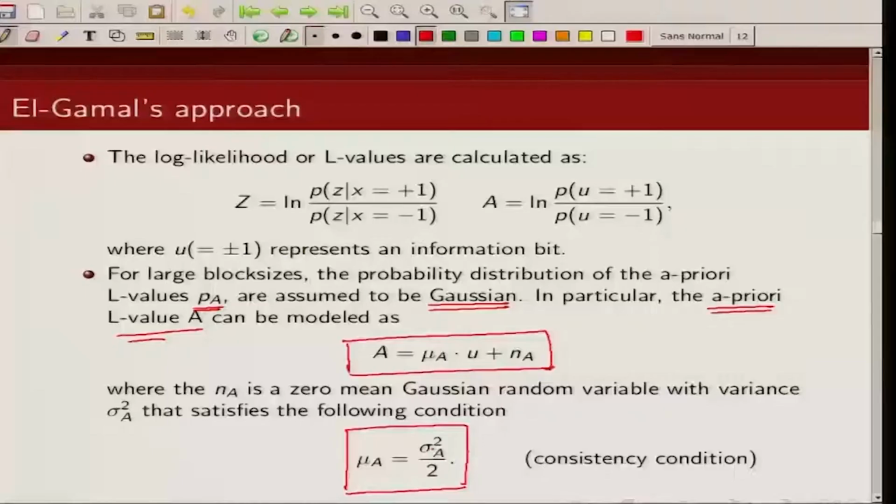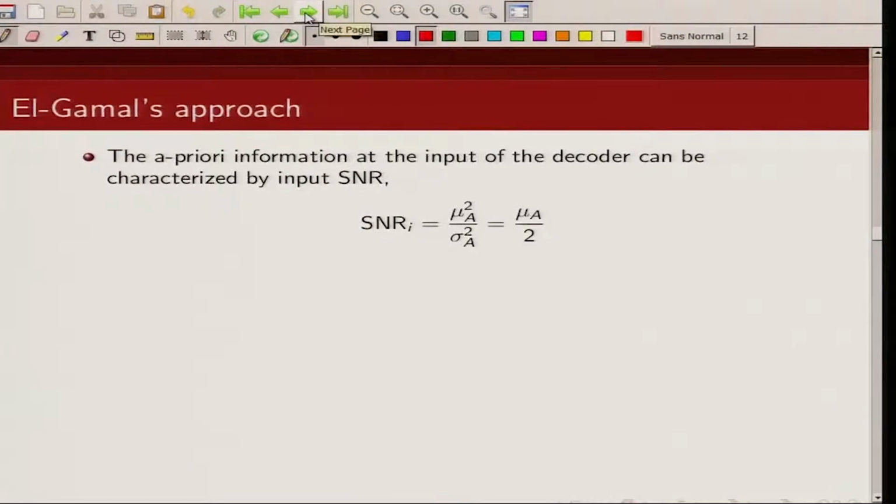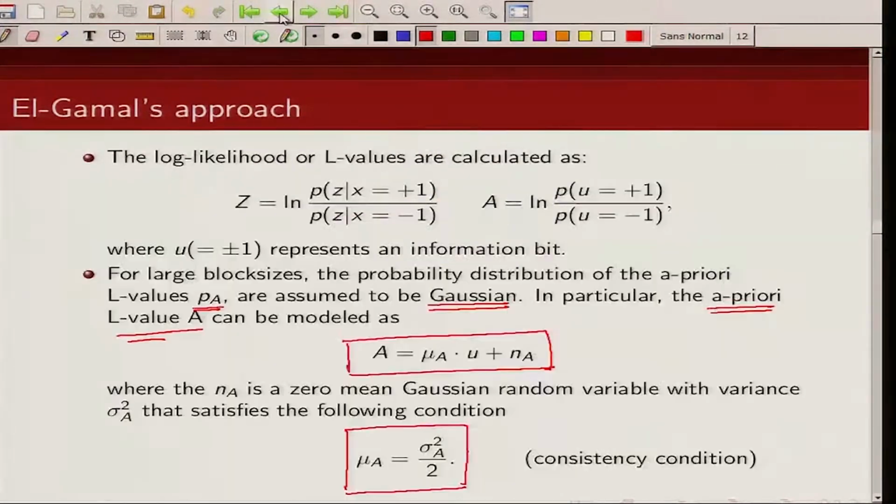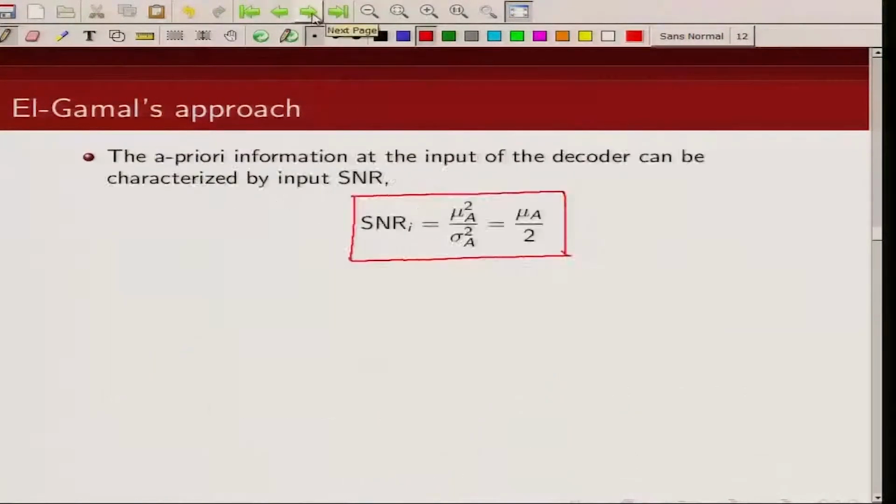For example, with just the mean you can track your Gaussian distribution because mean and variance are related. Now, similarly, we can define the input SNR of the a priori information. This is mu A squared by sigma squared. Now, sigma squared by 2 is mu A. So, our input SNR is given by the mean of the a priori information divided by 2.